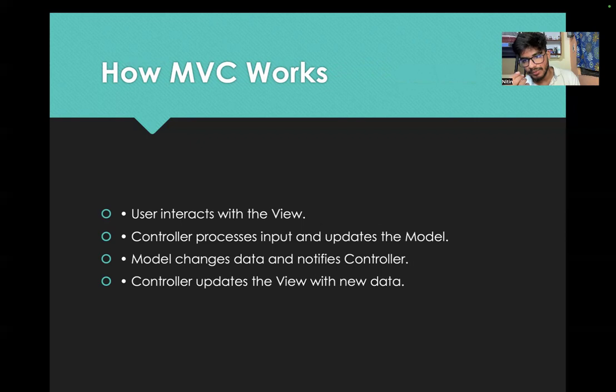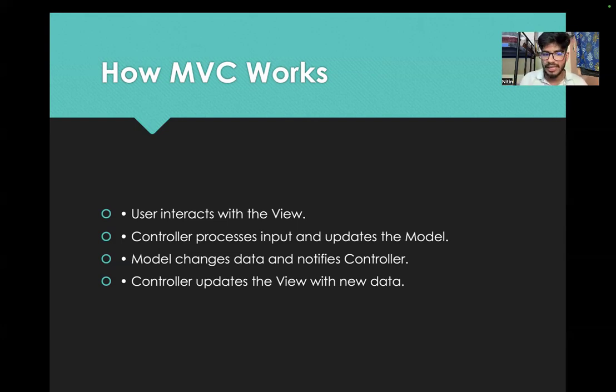The user gives the input. What should we give as the output? The controller asks the model, then the model gives the controller the output for this particular input. Then the controller takes the output to the view, and the view displays it to the user. The model changes data and notifies the controller.